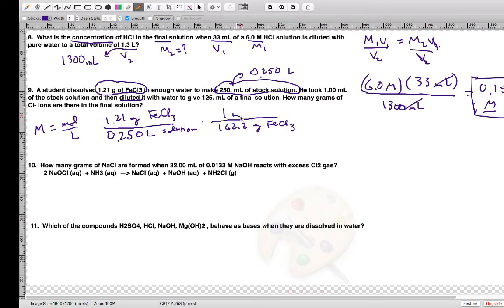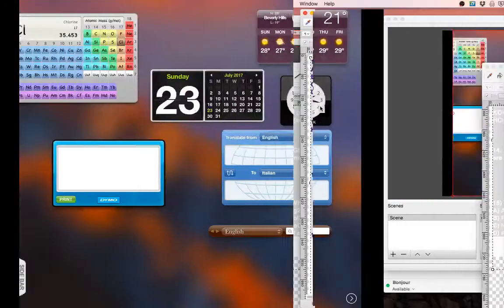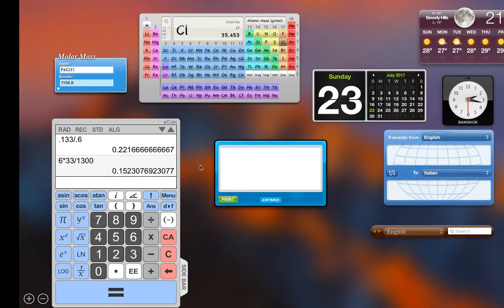That's 1 mole of FeCl3. Grams cancel. And I've got 1.21 divided by 0.25 divided by 162.2. That was 1.21 divided by what? 0.25. 0.25 divided by 162.2.